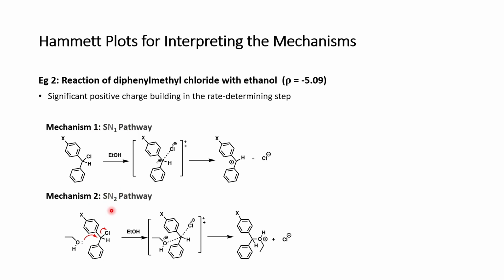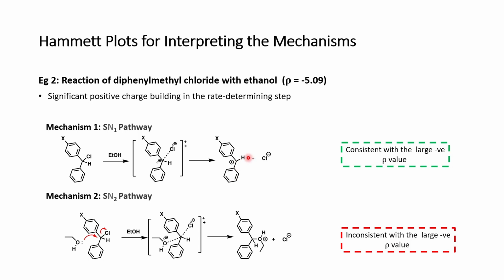If you compare both rate determining steps, both SN1 and SN2 pathways create positive charge on the organic structure containing the substituents. And here, we have to look at the magnitude of the rho value. It's very informative because it's very large. Such a large negative rho value is consistent with the SN1-like mechanism, because in the SN1 type pathway, you can see a carbocation is forming.